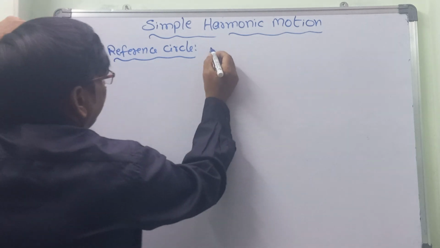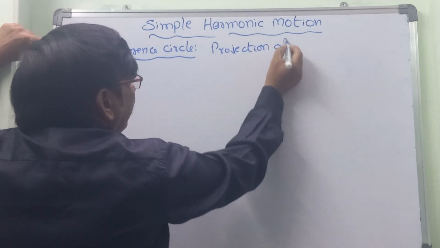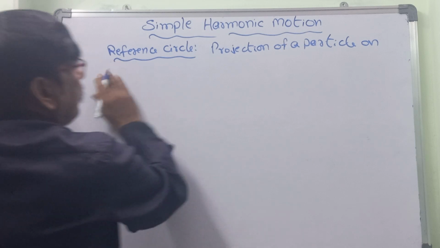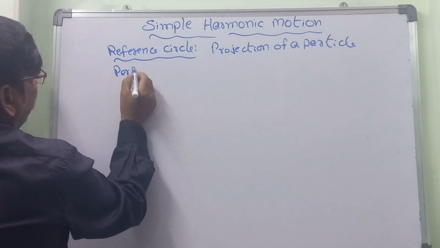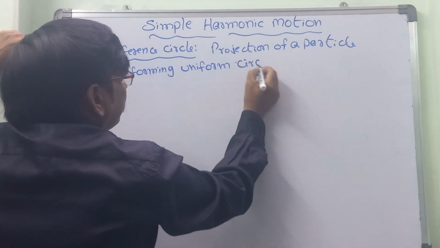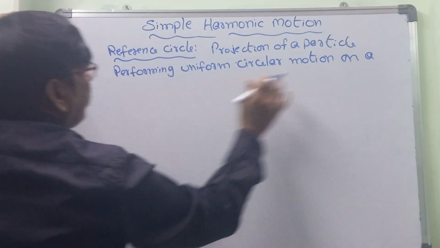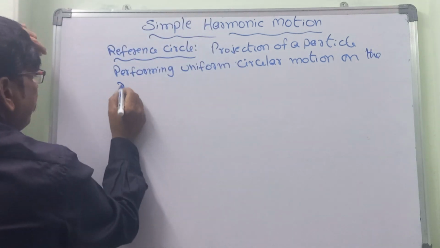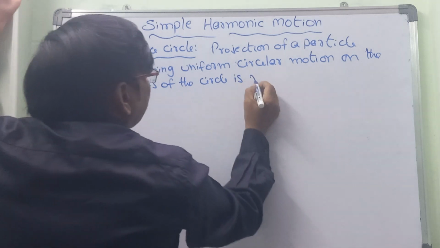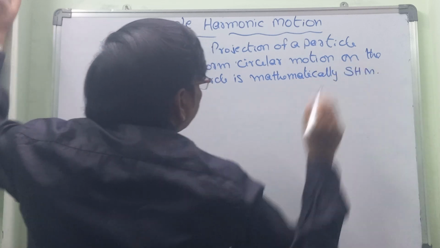A reference circle means the projection of a particle performing uniform circular motion on the radius of the circle, which is mathematically called simple harmonic motion.